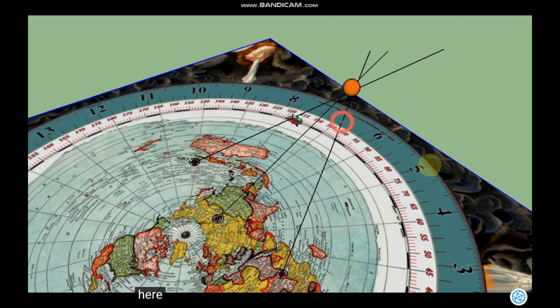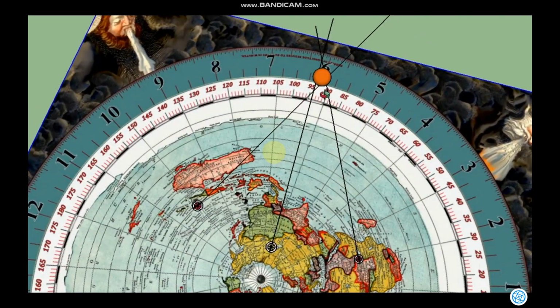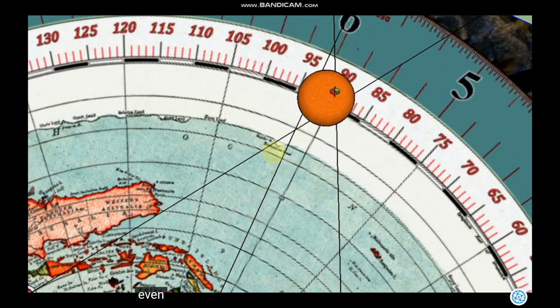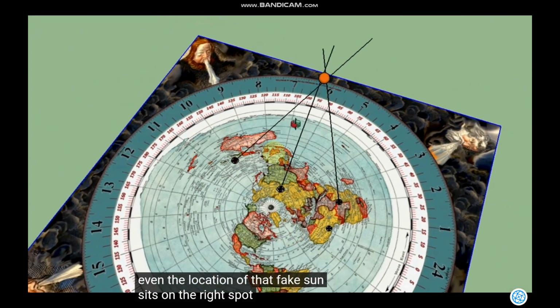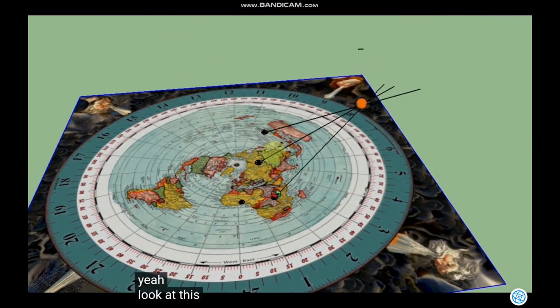Here, this looks a little bit better. Even the location of that fake sun sits on the right spot. Yeah, look at this.